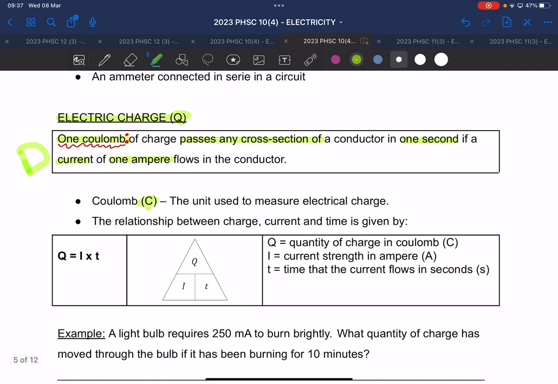And then another definition formula. Q is the charge in coulomb that we did a whole chapter on. I is the current that we just spoke about, in amperes. And t is the time in seconds. Now go to your data sheet, please.